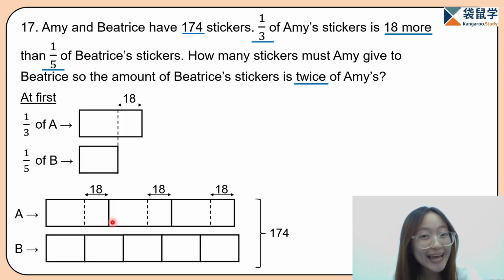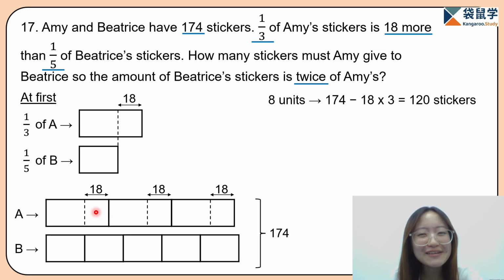We will have 8 units, 1, 2, 3, 4, 5, 6, 7, 8, and 18 times 3. So, how can we find what is 8 units? We can take 174 minus 18 times 3 and that will give us 120 stickers.